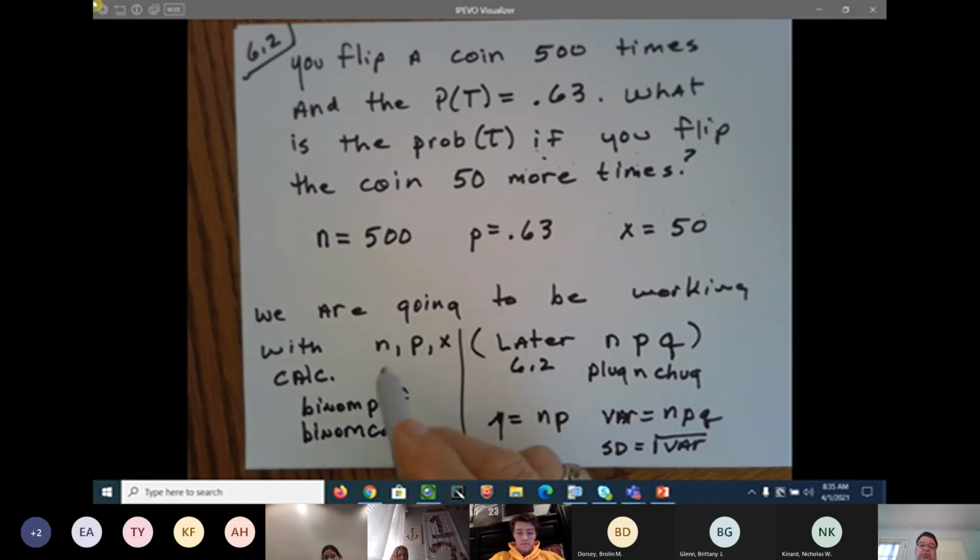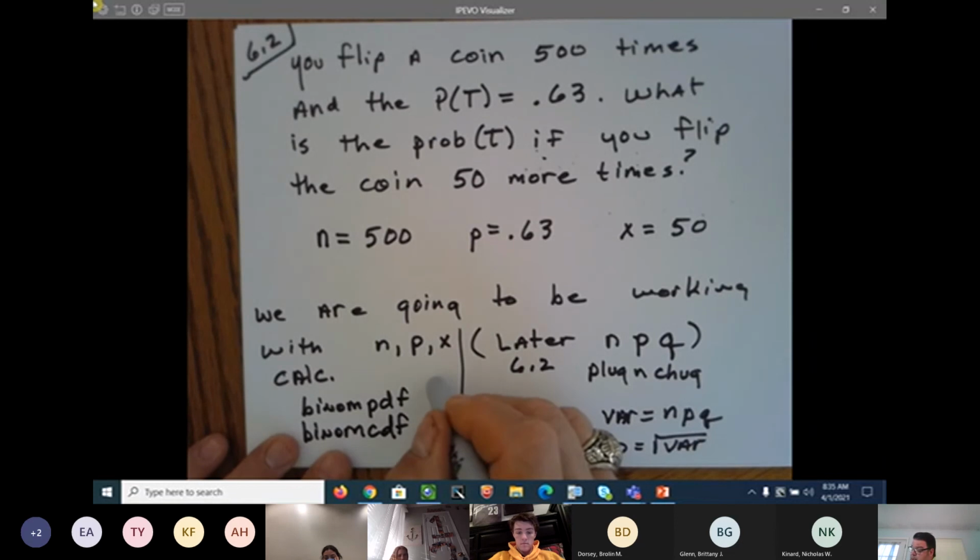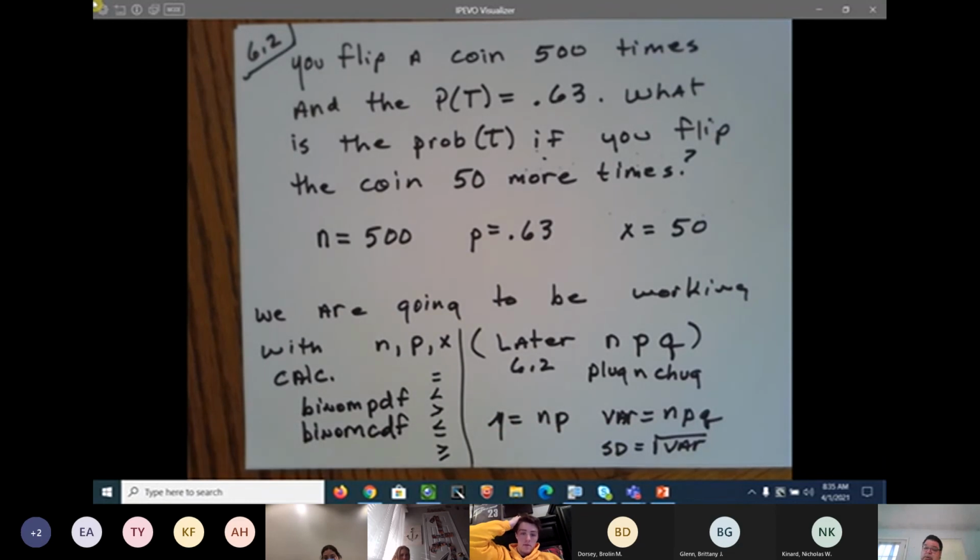Okay, and a lot of these problems, you're going to be dealing with equals to these guys and these guys. All right, so you're going to be looking at the signs, or the inequalities, or the equalities.